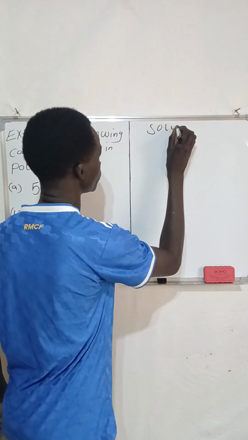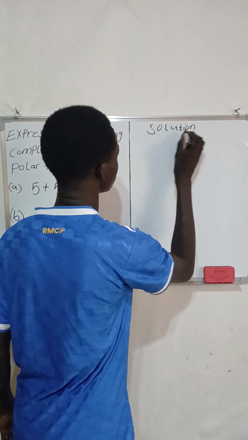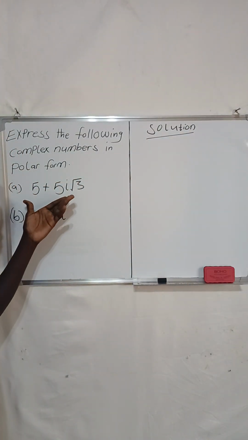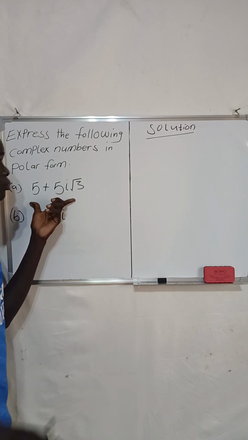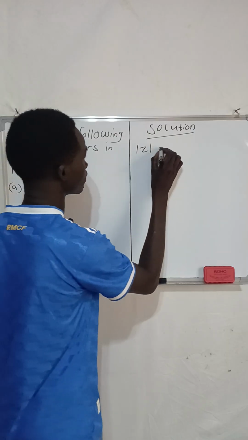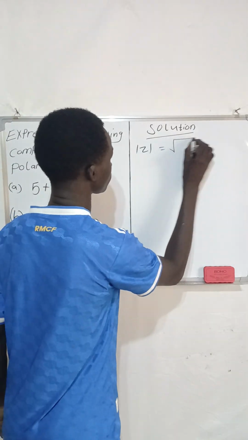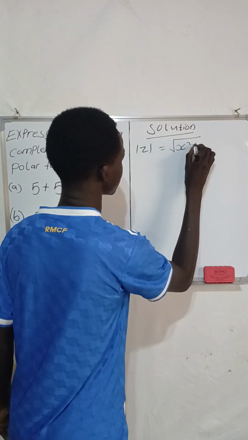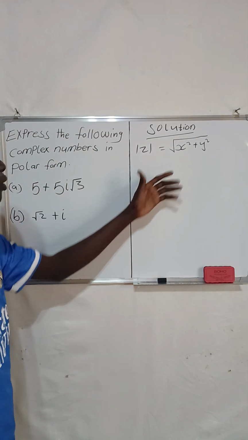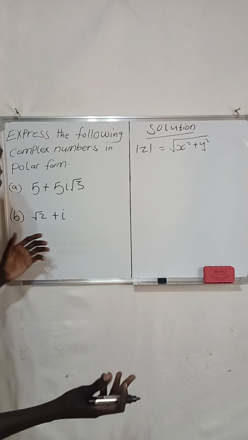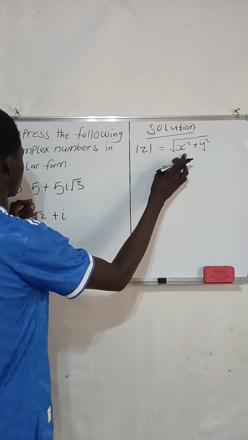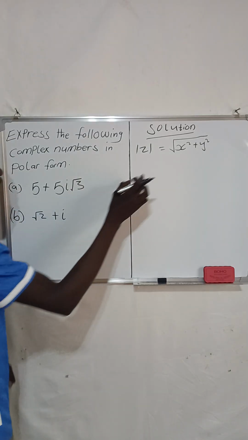Here is the solution. First, we find the modulus of this number, given as z. It is the root of x squared plus y squared, and this is the formula of the modulus. Next, we substitute 5 in place of x and 5 root 3 where there is y.